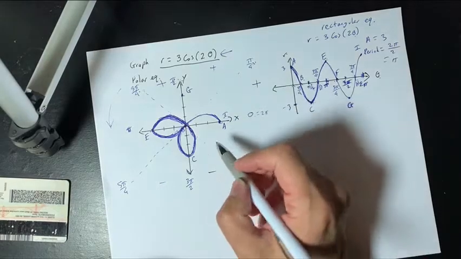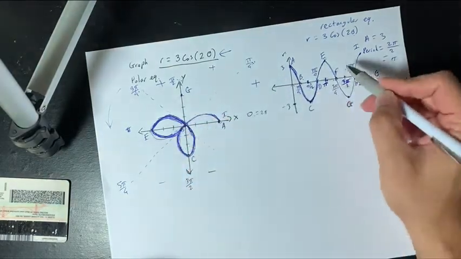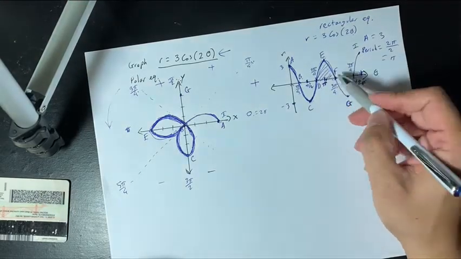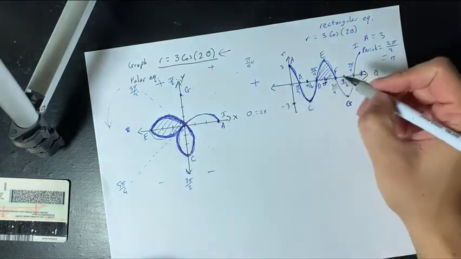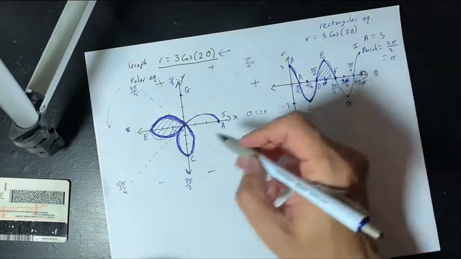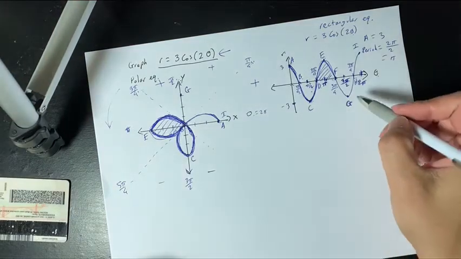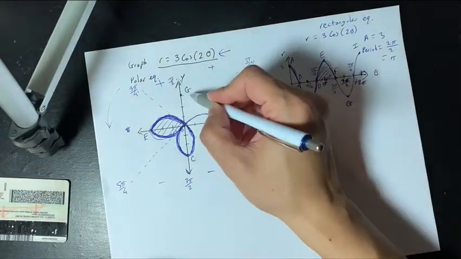And you can see a relationship here. This trace is this. So for every bump, we get a petal. For this bump down here, this bump corresponds to this petal. And if I continue on, you'll see that G at 3 pi over 4 is up here.